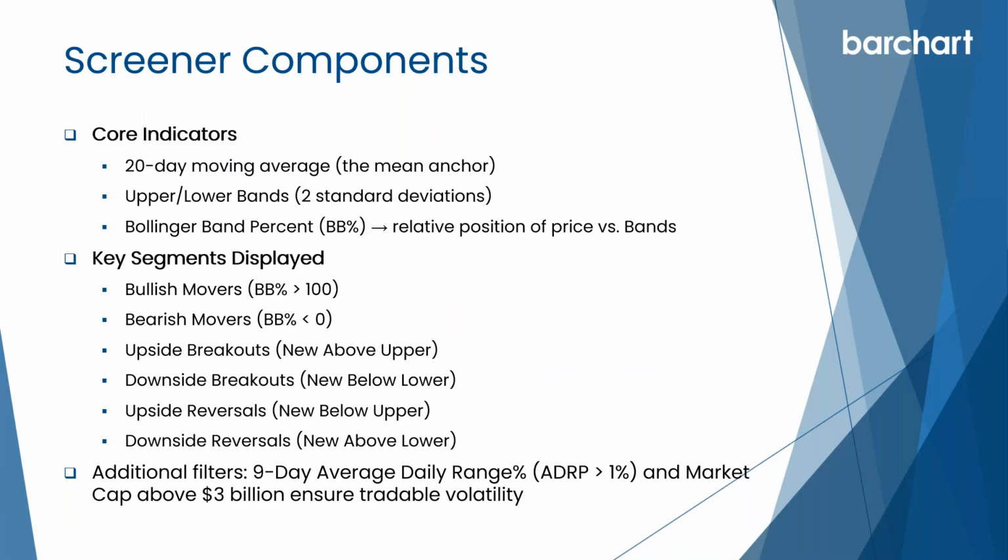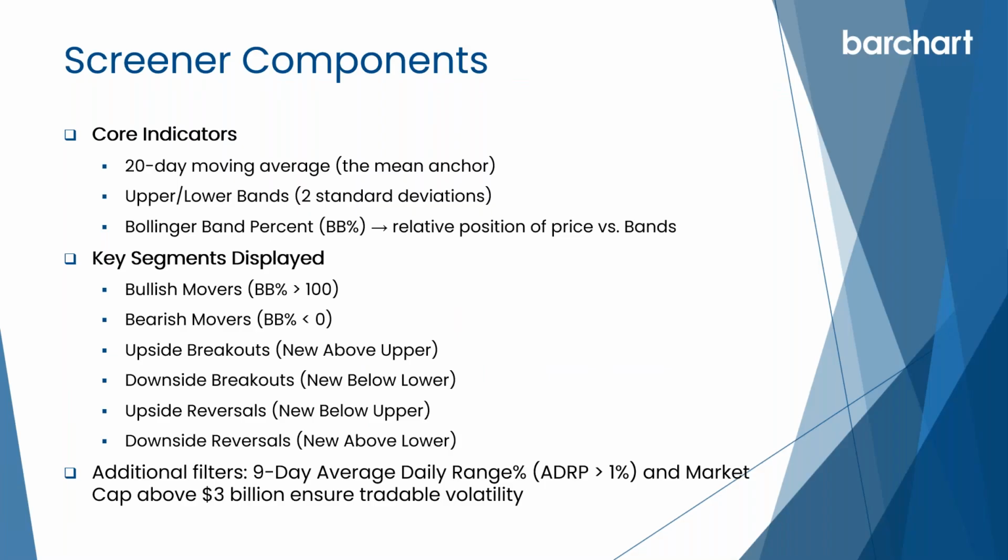Downside breakouts are below the lower band today. Upside reversals are stocks that have been above the upper band, but now are below it and could be potential reversion candidates. Downside reversals were below the lower band, but now are above it.